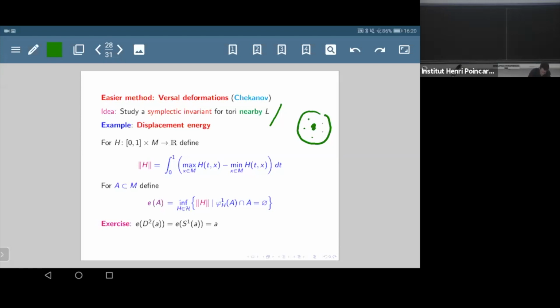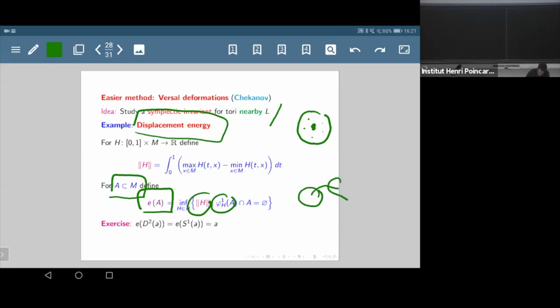For instance, you take displacement energy, right? Maybe you know that you have a subset A in a symplectic manifold. You try to displace it by a Hamiltonian isotopy, and you take the Hofer norm of the isotopy, and you take the cheapest one, the Hofer norm cheapest Hamiltonian isotopy that displaces the set from itself.